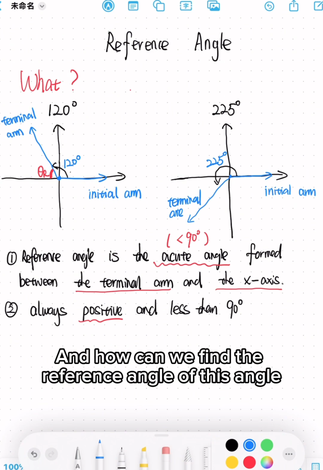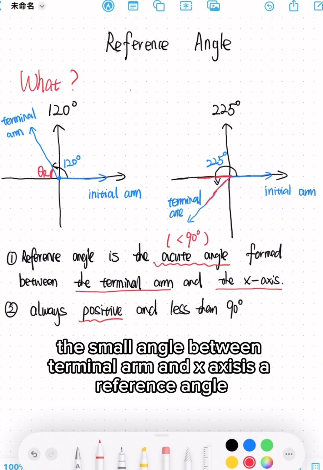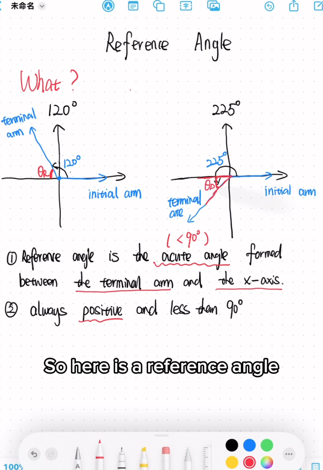How can we find the reference angle of this angle? Same, we know this is the terminal arm and this is the x-axis. So the small angle between the terminal arm and the x-axis is the reference angle. So here is the reference angle.